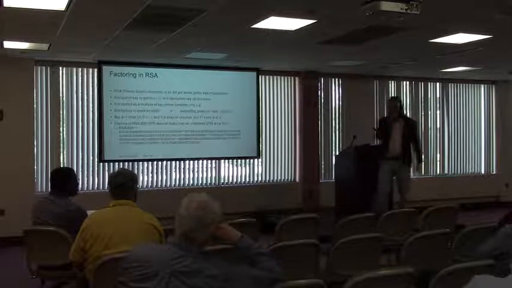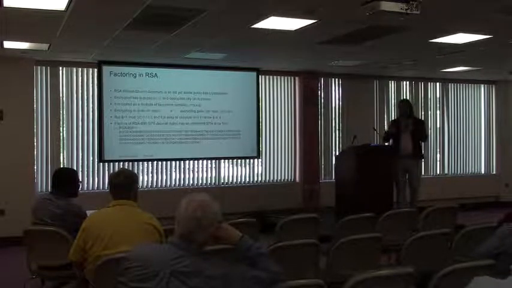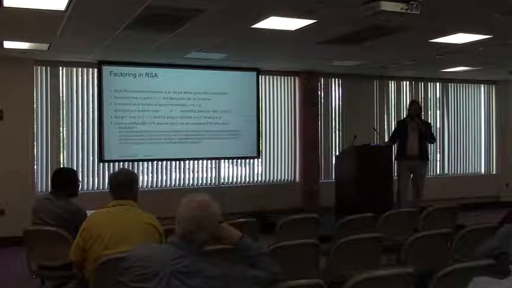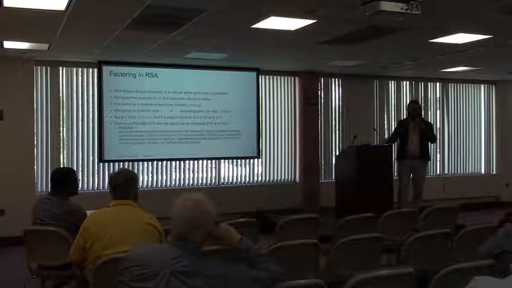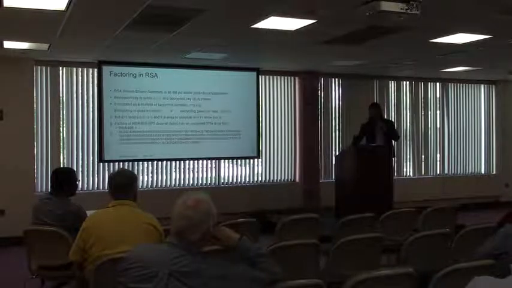These kinds of things will of course be solved in a few years, but they're going to try to increase the number of digits in the RSA to keep it strong enough against attacks.